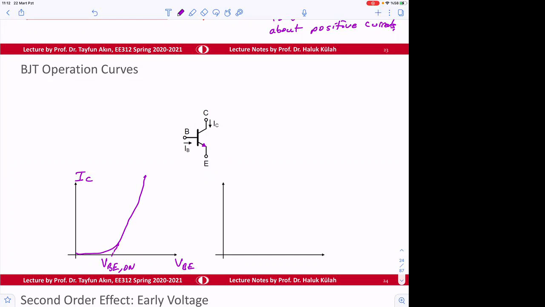If you look at this in more detail, the collector-emitter voltage versus the collector current graph, you will see that these are like this. You will have a current like this depending on I base 1.